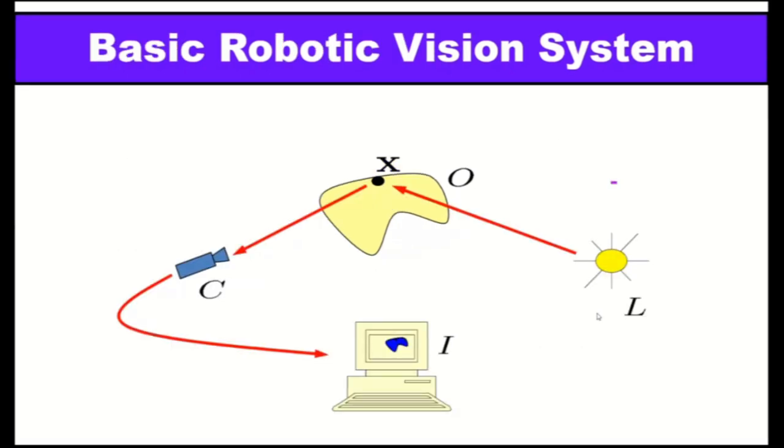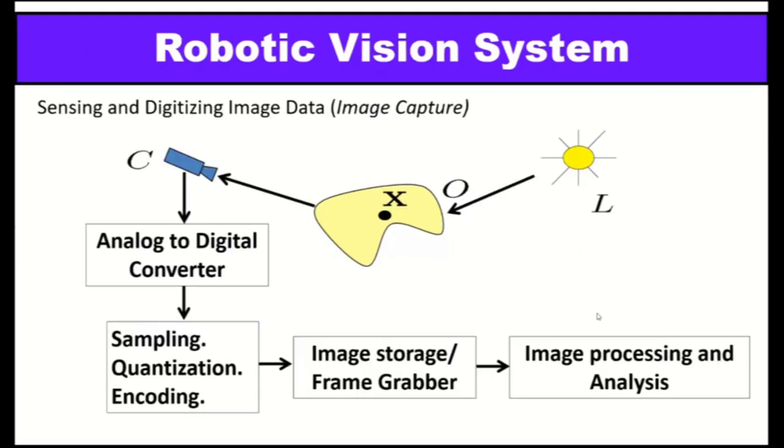So we have a camera, then real-life light falls on that camera, capturing all the scenes, and later we process those scenes on a computer. One step ahead, let us break this block diagram into sensing and digitizing.